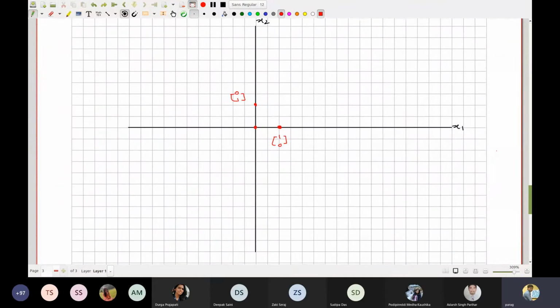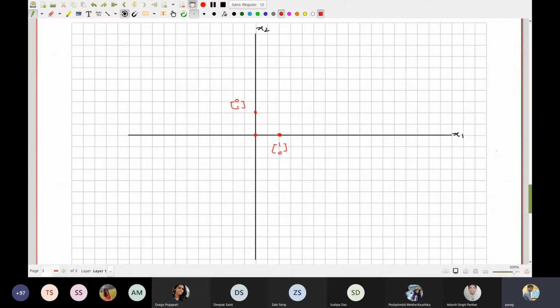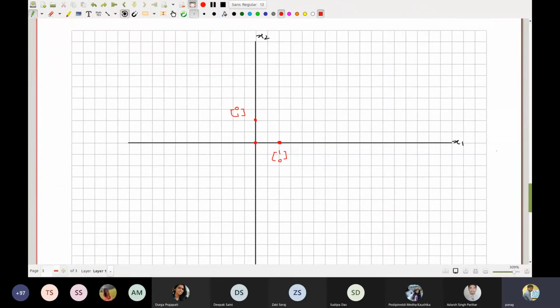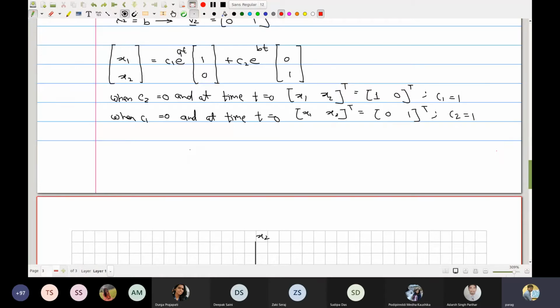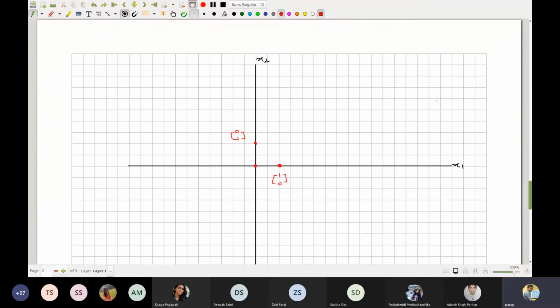So now my point is I have 3 points, and here I made a mention that C1 is equal to 1, right? When C1 is half, my solution will become 0.5, 0. When C1 is equal to 2, my solution will become 2, 0 and so on, right? And that's the point of eigenvector, that eigenvector gives you a direction.